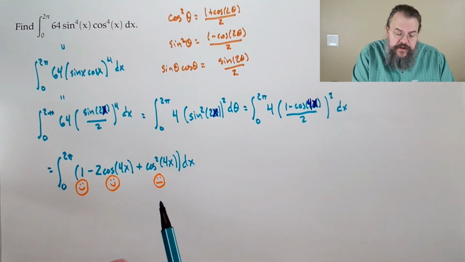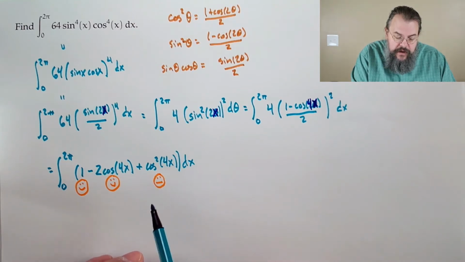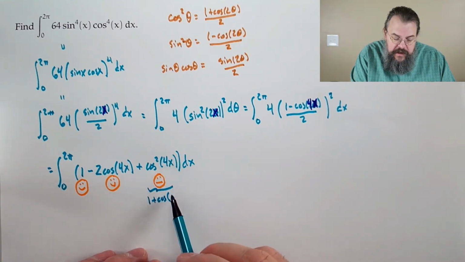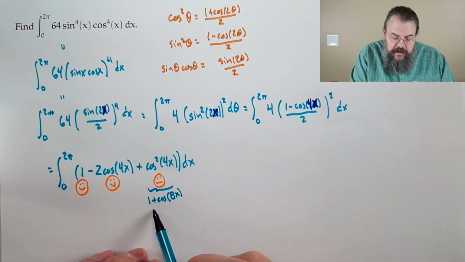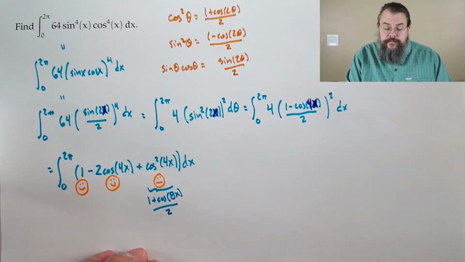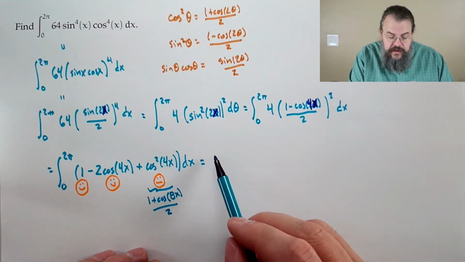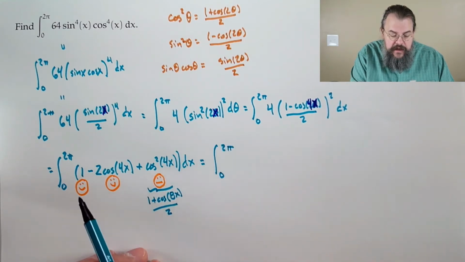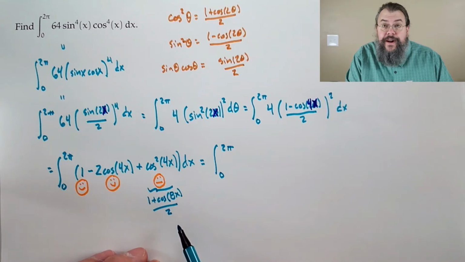So if we do power reduction, cosine squared of 4x, this part here would become 1 plus cosine, double that, 8x over 2. So we can update. This becomes integral 0 to 2 pi. There's 1, and there's another half.